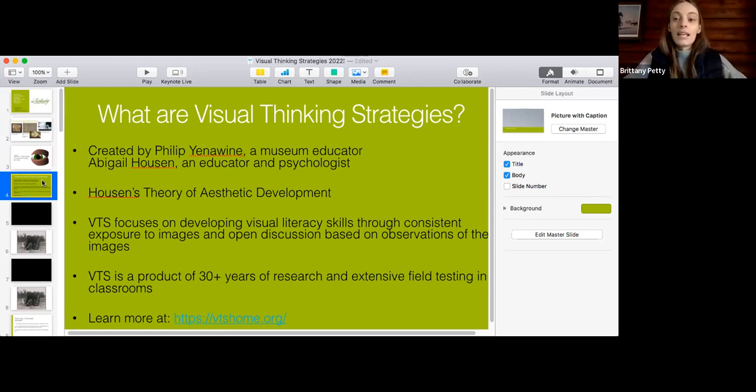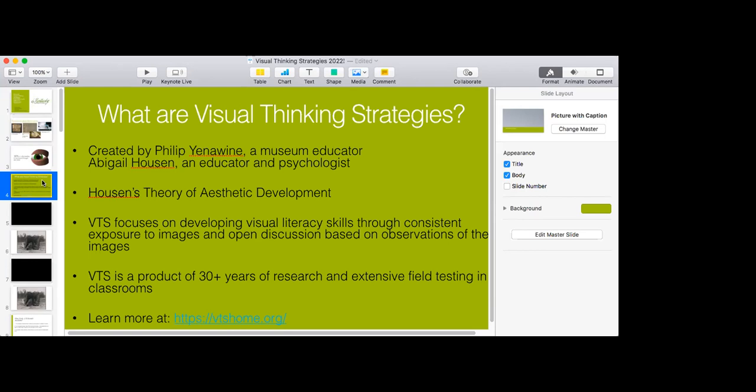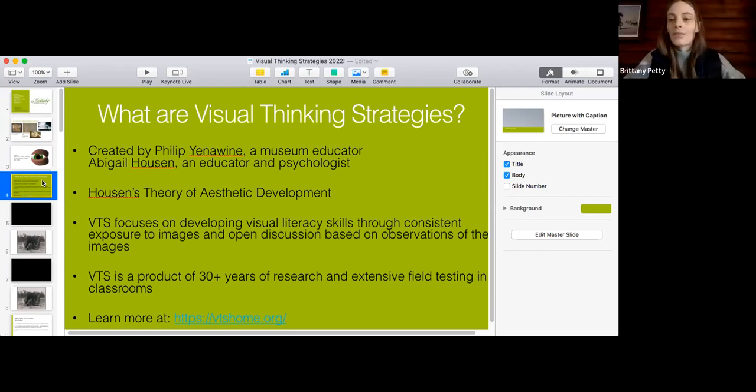So what VTS does is it helps you get through those stages. And so, you know, it develops visual literacy, right? You begin to read those artworks. VTS develops those skills through consistent exposure to images and then having an open discussion about them. It's very simple, it's very easy, but it makes a big difference.